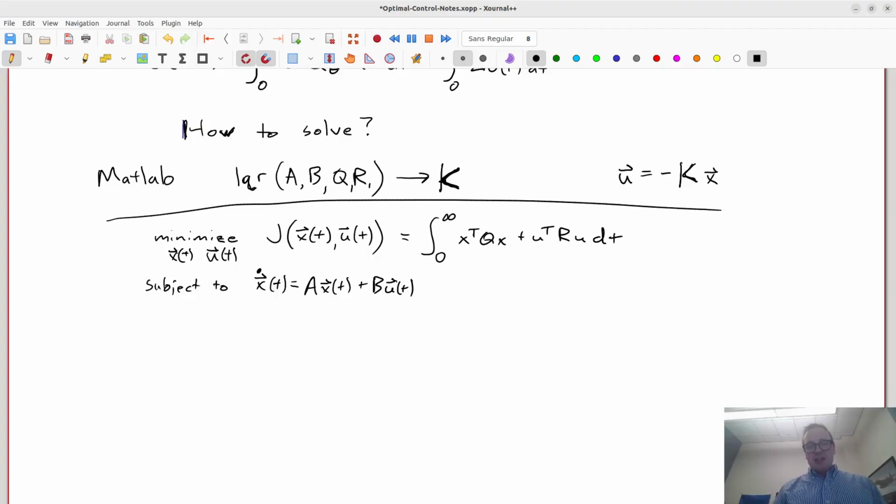You're going to have to use context clues to know when I'm talking about just a scalar variable x or u and when I'm talking about the vector, but I think you can follow it. So in order to minimize this J function, we're going to introduce a quantity called the value function.